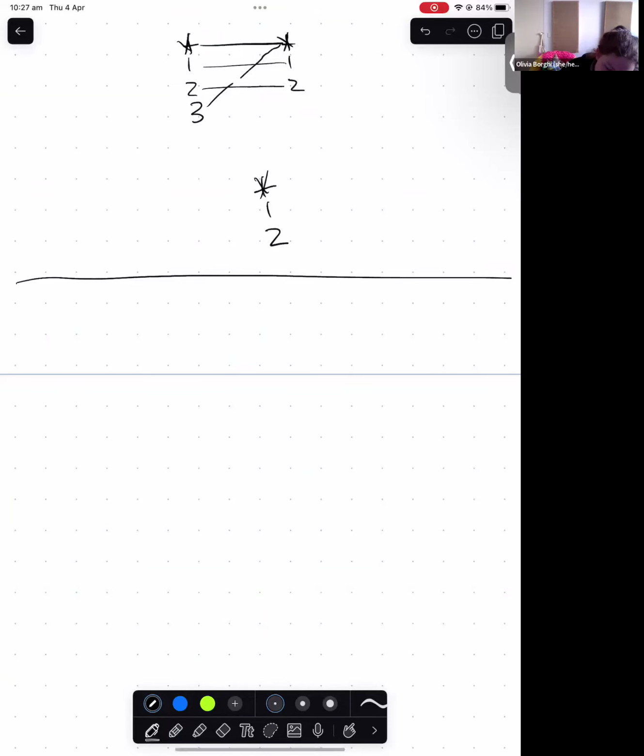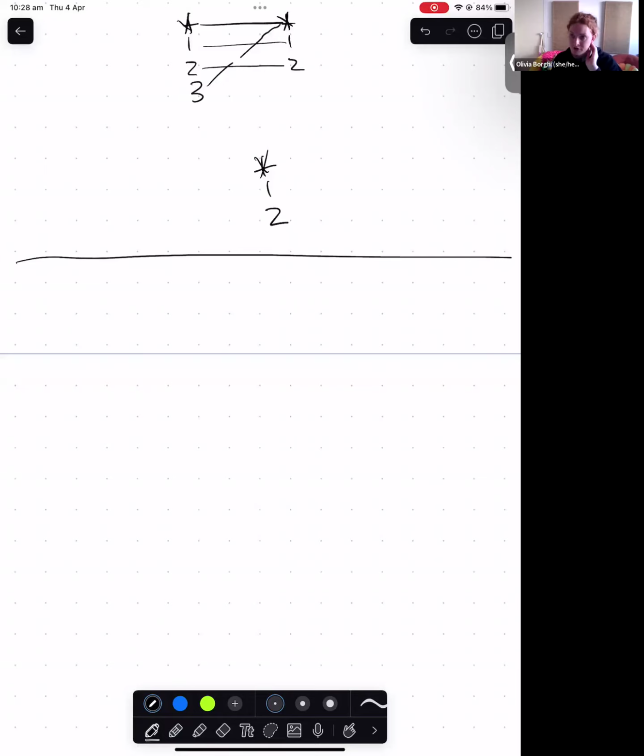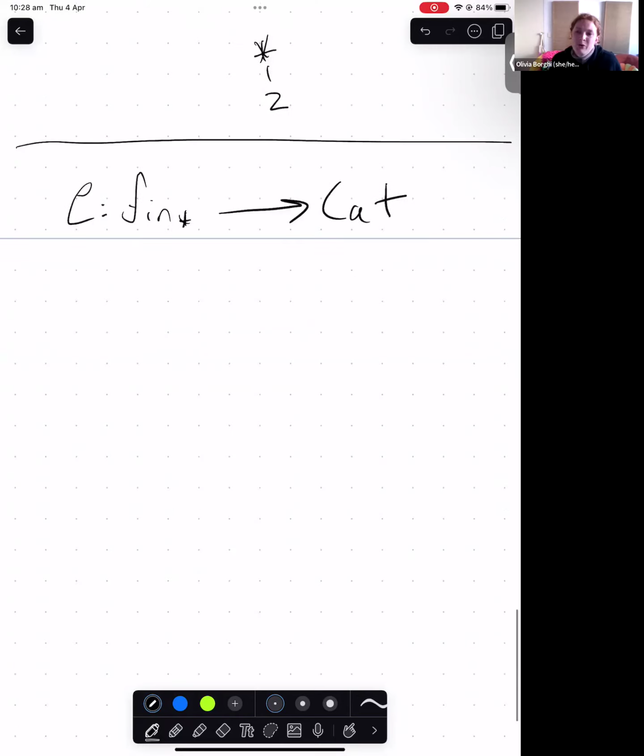So now I want to imagine we have what's called a pseudo-functor. So this is just like a map of 2-categories if you want, from the category of finite pointed sets to this 2-category of categories. I'm going to call it C for a reason. And I'm going to require only one thing to be true about this pseudo-functor, and it's a sort of Segal condition.